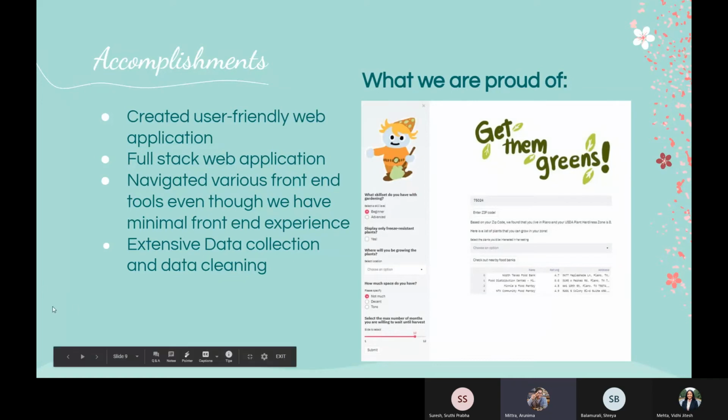Secondly, for many of us, this was our first hackathon, as well as first time building a full stack web application. And so we learned a lot through this process, and we're very happy that we were able to create the product that we created. And then lastly, we also were able to engage in a lot of data collection and data cleaning, which was also hugely beneficial as a learning experience for us.